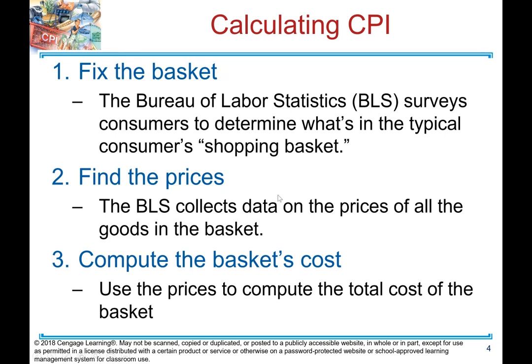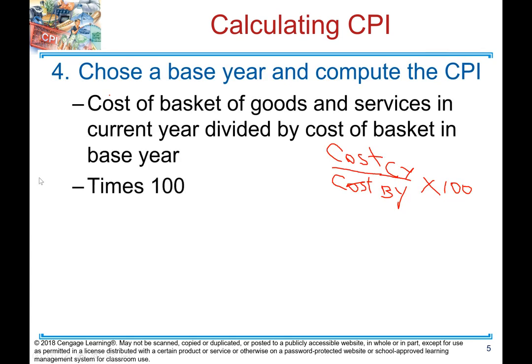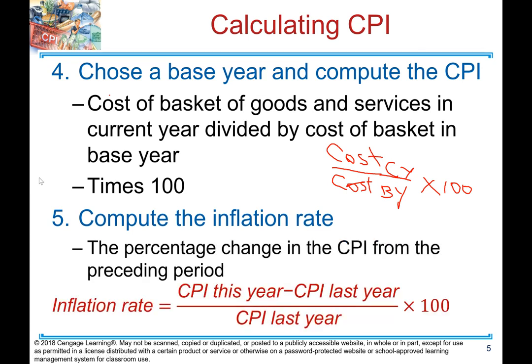So BLS collects data on the prices of all the goods in the basket. Three, compute the basket's cost. Use the prices to compute the total cost of the basket. And four, choose a base year and compute the CPI.